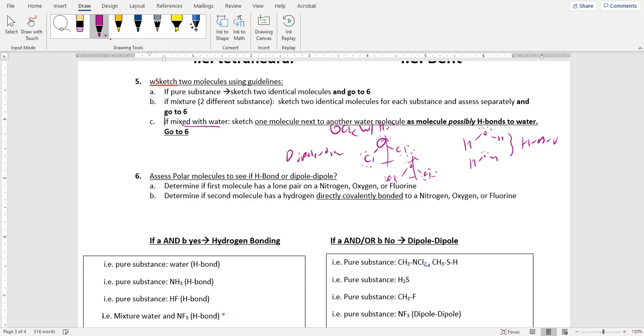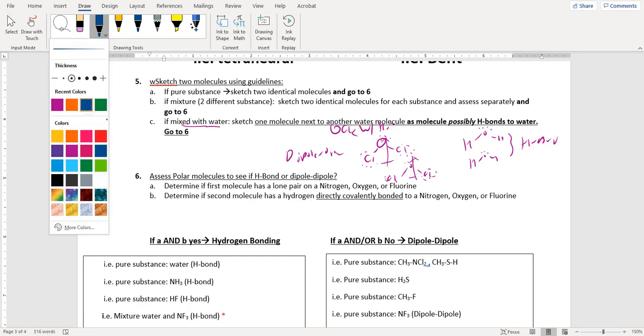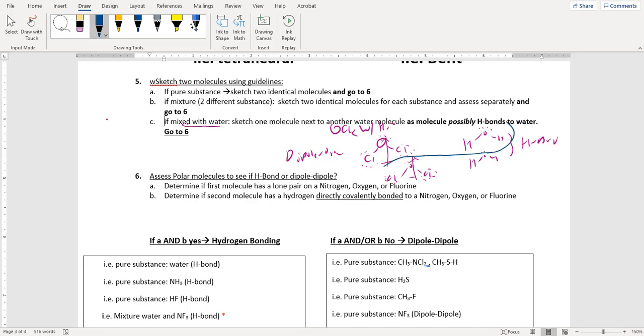But because we're dealing with water, now we need to assess, is there any intermolecular hydrogen bonding between the two different molecules? So I'll just arbitrarily choose that this is candidate 1, this is candidate 2, and then I figure out, does the first molecule have a nitrogen, oxygen, or fluorine with a lone pair? And it does. There's a lone pair on the oxygen. And I go to the next one.